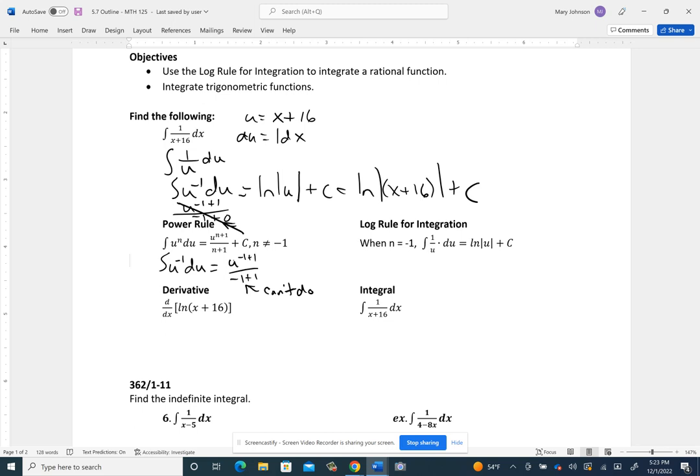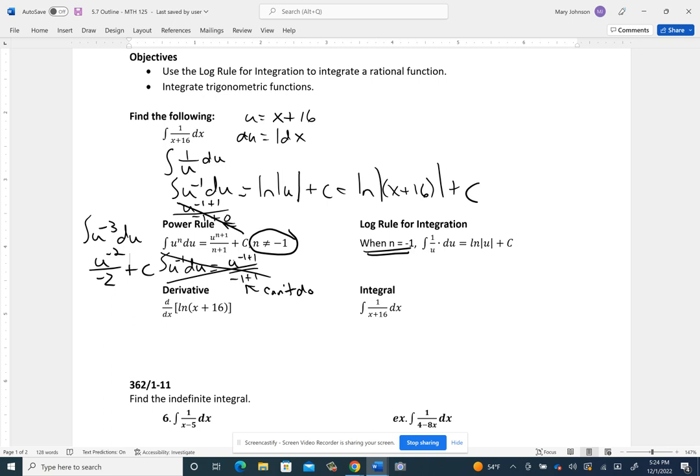You can use the power rule as long as n is not equal to negative 1. You can use it if you have a different negative exponent, like u to the negative 3. You could add 1 and divide by that. And of course, you can do it when it's positive. But when n equals negative 1, you can't do this.